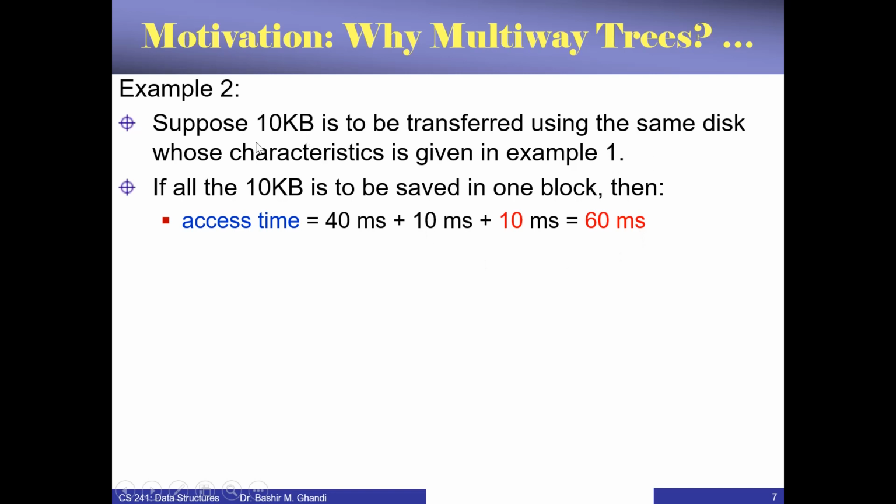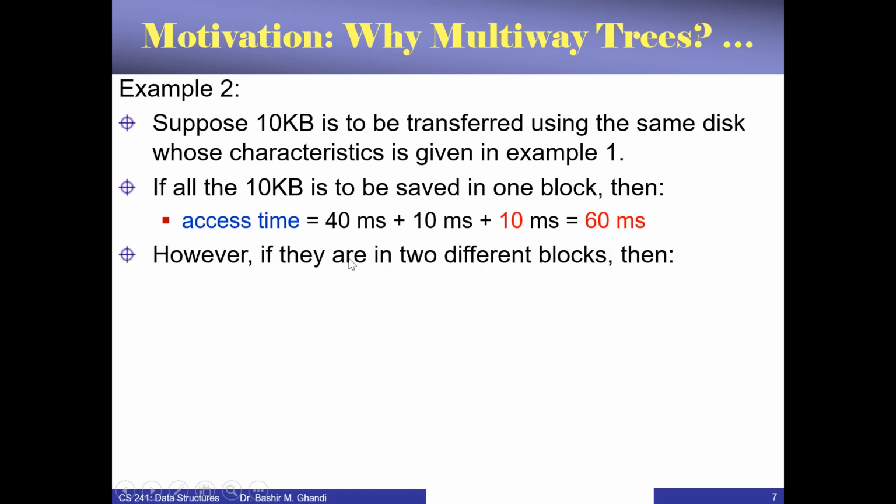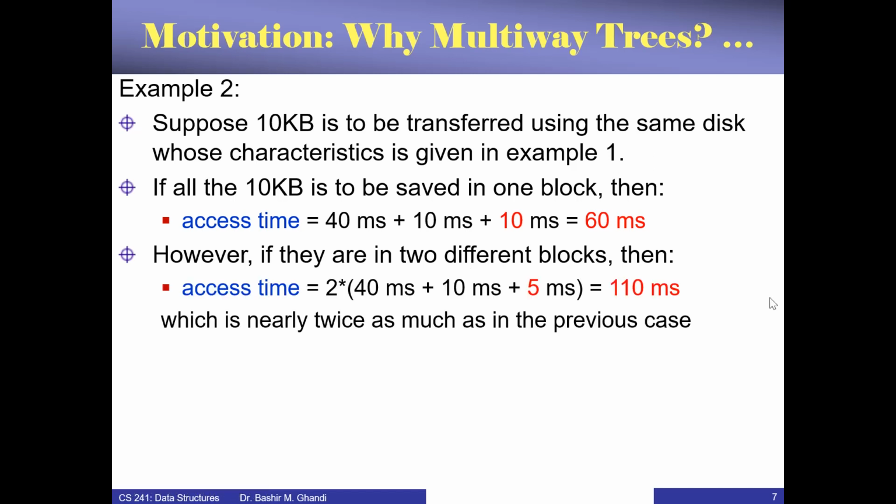Scenario number 2 is that the 10 kilobyte data is split into 2 different blocks. If they are in 2 different blocks, then the access time is going to be twice what we computed earlier, because there will be a separate seek for each block, a separate rotation for each block, and a separate transfer for each of the 2 blocks.